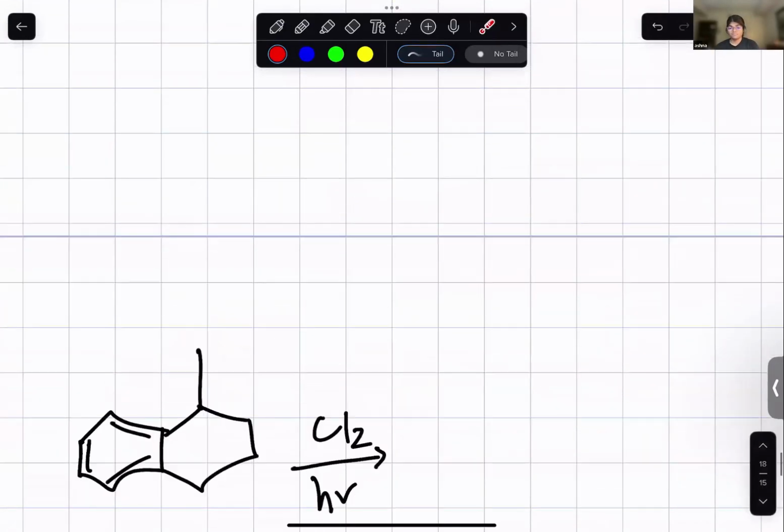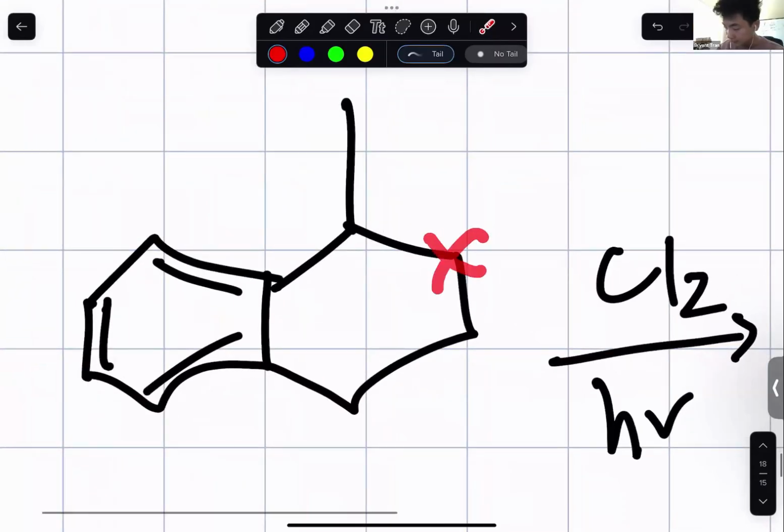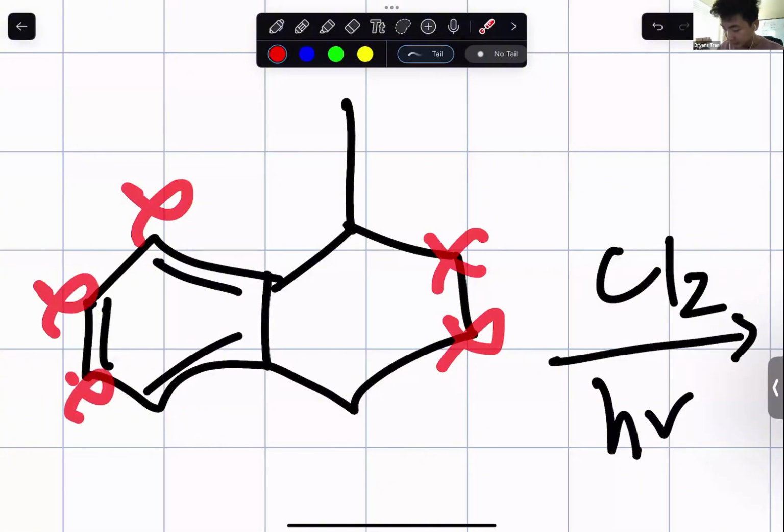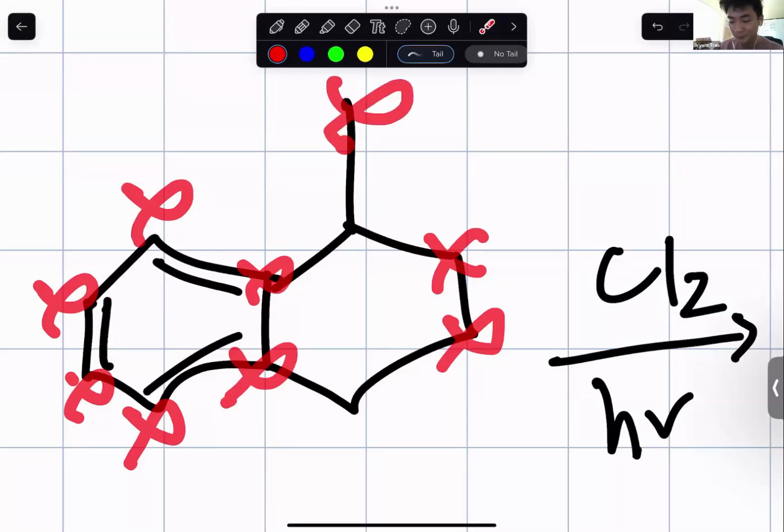So we're automatically going to ignore this carbon and this carbon, and any of these carbons in the benzene ring, because they can't do resonance at all. This carbon that I'm circling and this carbon that I'm circling can do resonance with the benzene ring, because it's right next to the benzene ring.